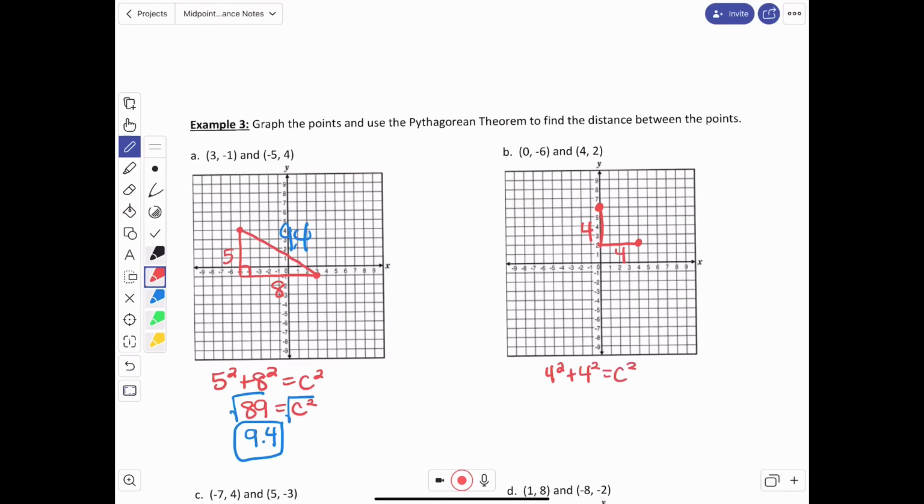So 4 squared plus 4 squared, that's going to give me 32 equals c squared. And then I take the square root of both sides, and the square root of 32 is going to be 5.7.